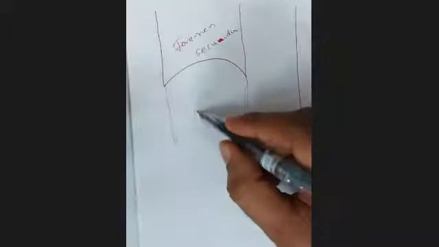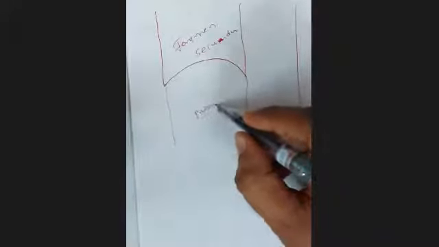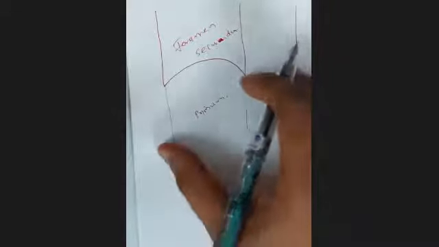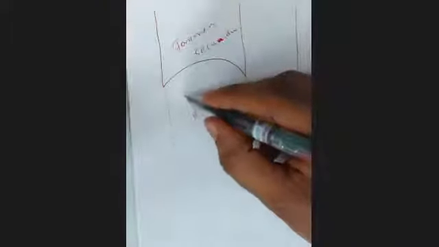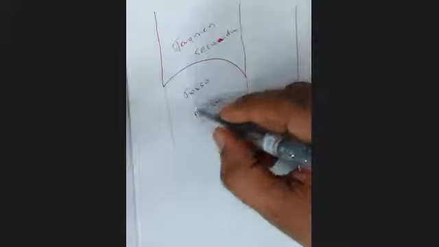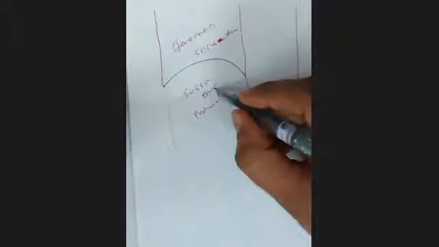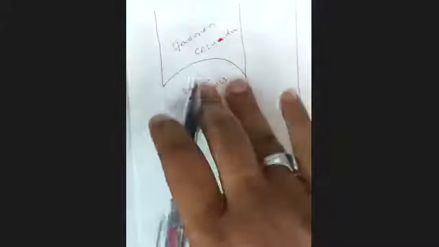In our adult life also, the interatrial septum appears like this, and the primum is so thin that it appears like a fossa, and that is called the fossa ovalis. So in adult life, we call it fossa ovalis. What is fossa ovalis? It is just a thin primum.